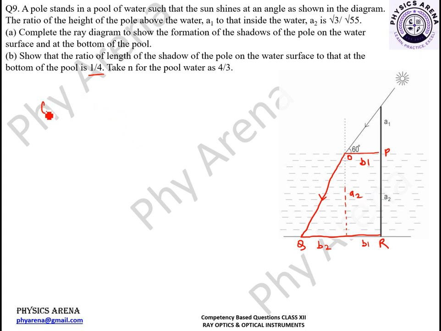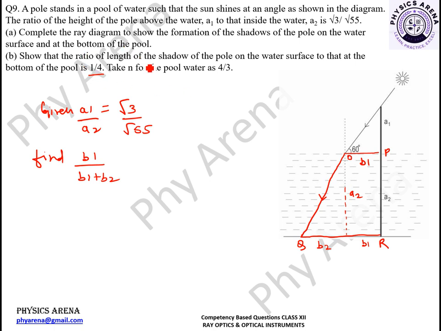Now what is given to us? That A1 upon A2, that is the height of the pole above the water surface to the height of the pole below the water surface, is root 3 divided by root 55. And what is to be obtained? We need to find B1 upon B1 plus B2.